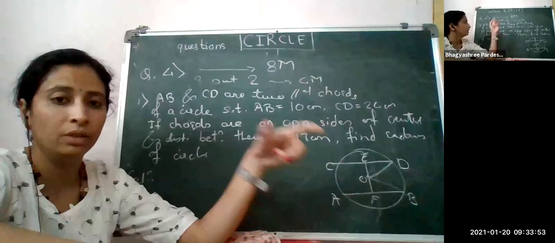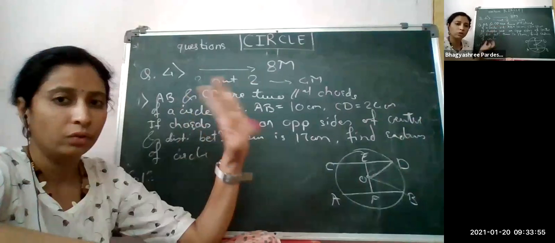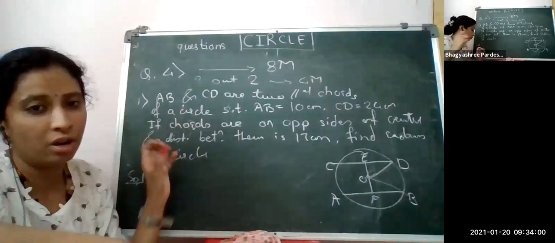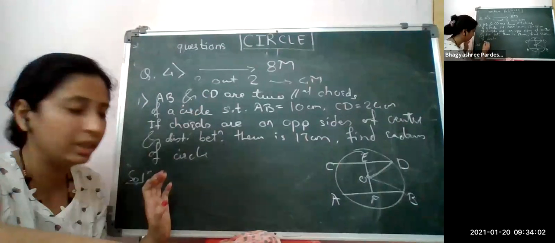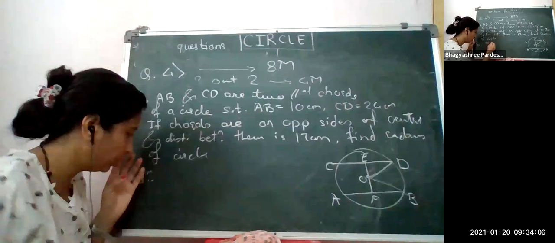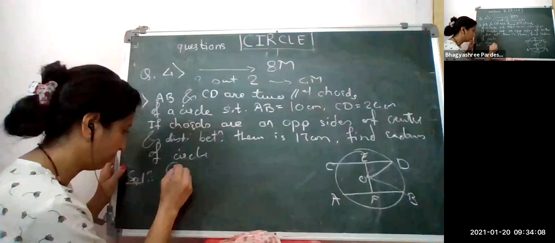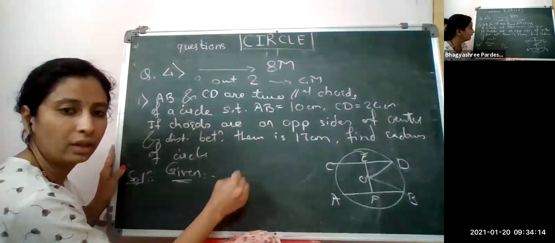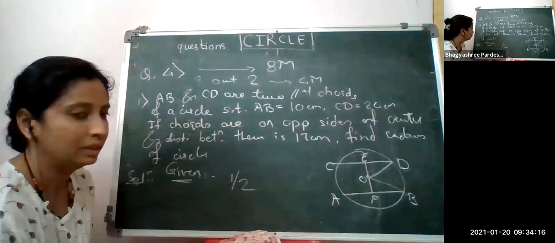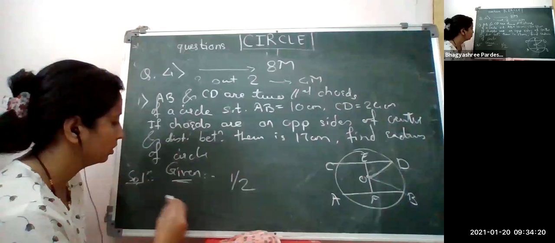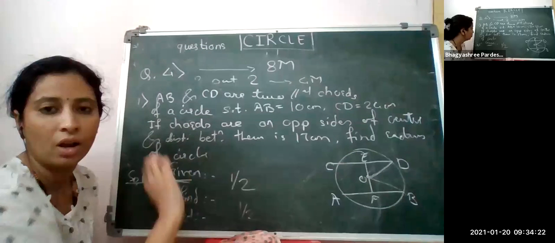Write the given, and you will get half a mark. Then what I have to find? To find. Done. At least 1 mark you have got here.